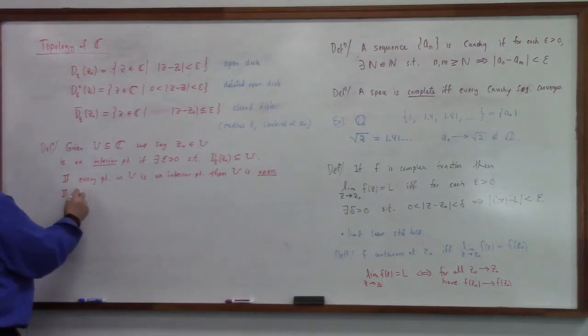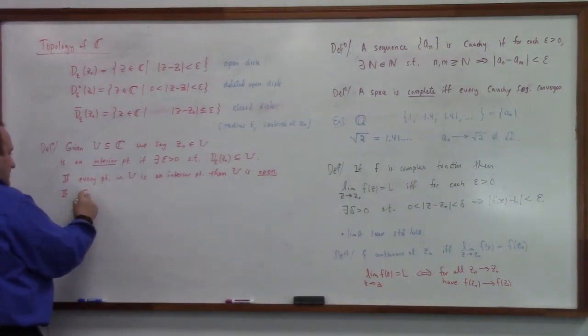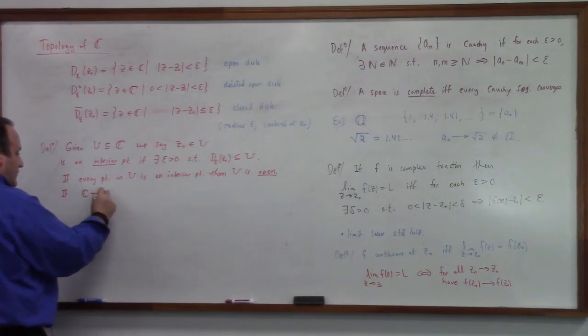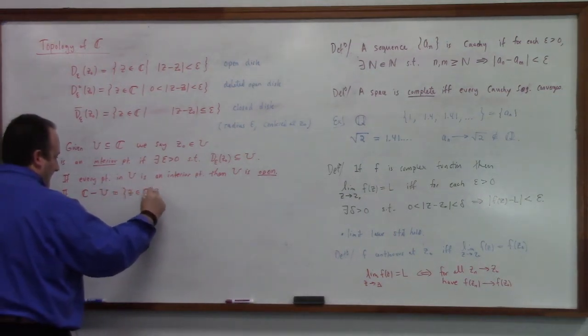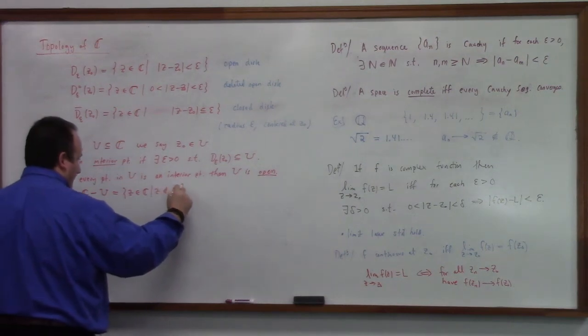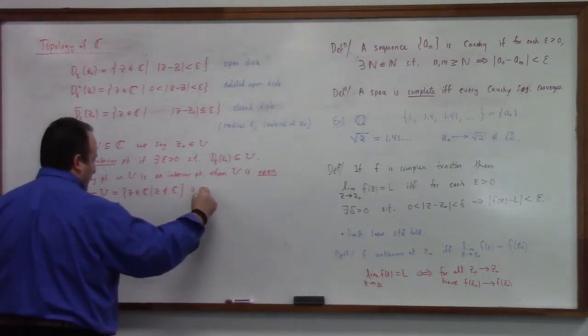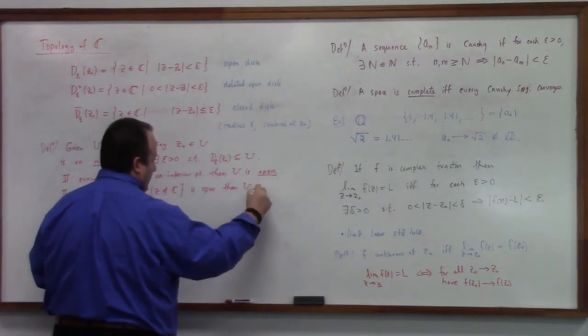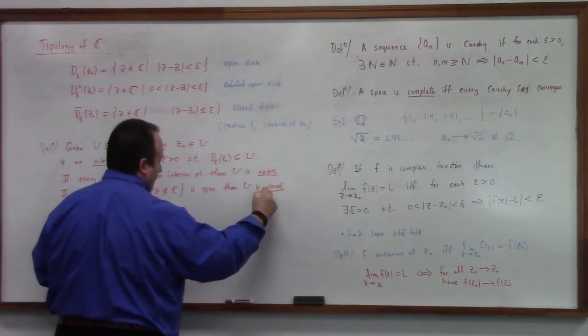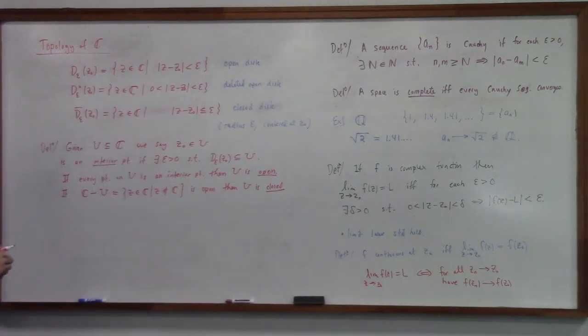If the complex numbers with U removed is open, then U is closed. So a closed set is one whose complement is open.